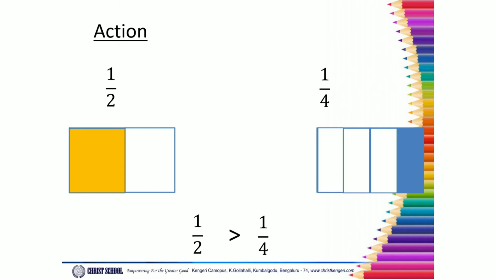Which denominator is big? 4 is big. So when you have a bigger denominator, then that fraction will become smaller. Therefore, 1/2 is greater than 1/4.